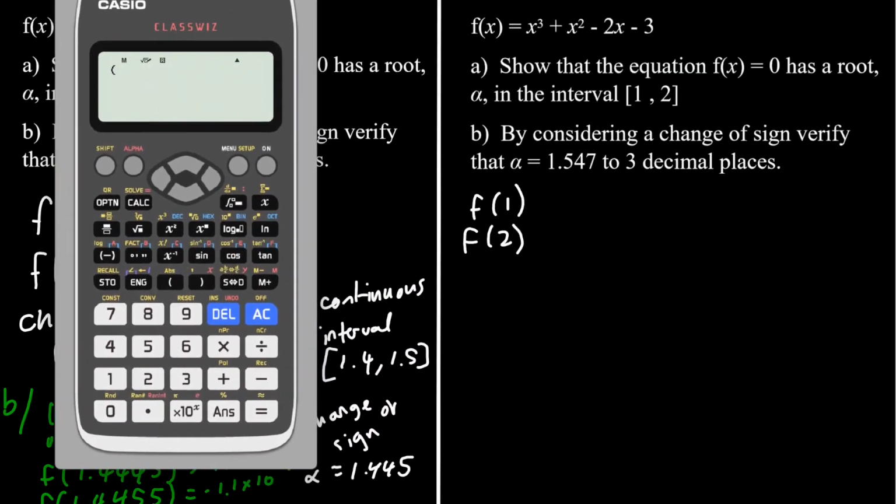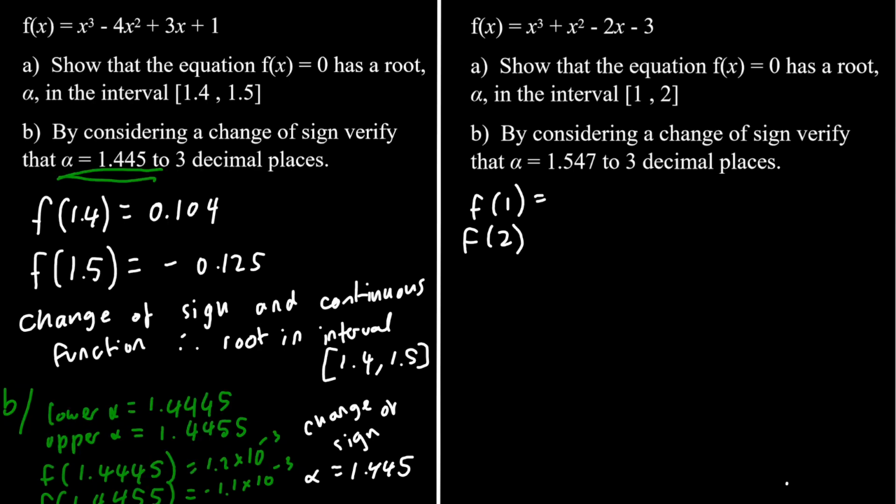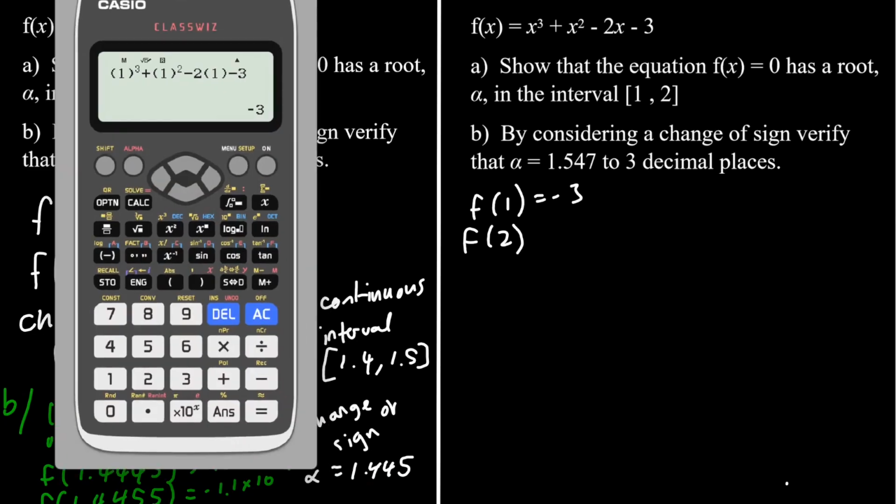So we have 1 cubed plus 1 squared minus 2 times 1 minus 3. That's negative 3. And for 2, we get 5.